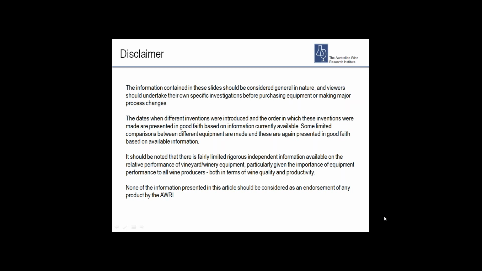It's a very small number. In discussions about other countries, like France and New Zealand, I've got the impression that there might be like 50% of harvesters have a destemmer on them. So Australia is definitely quite different. But I'll follow up with you and give you the best information that I can on that.